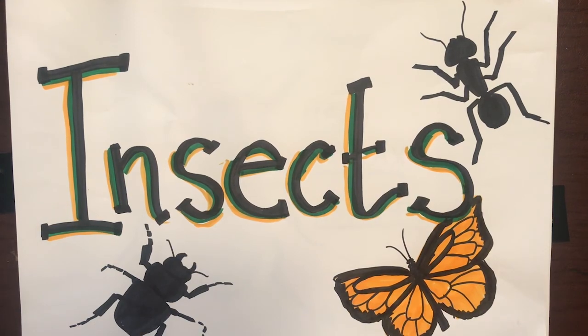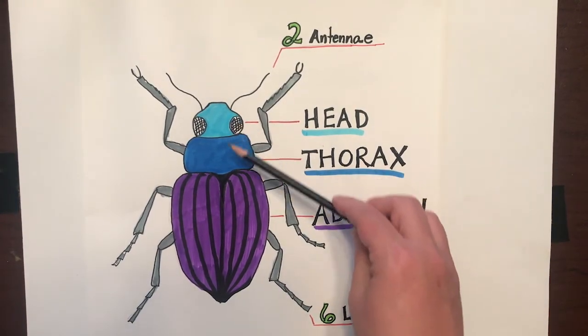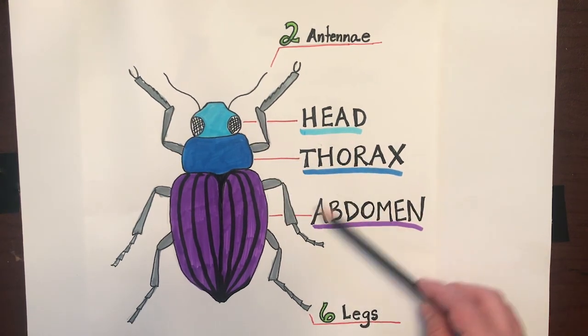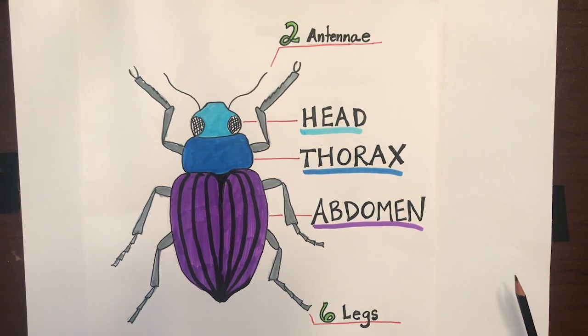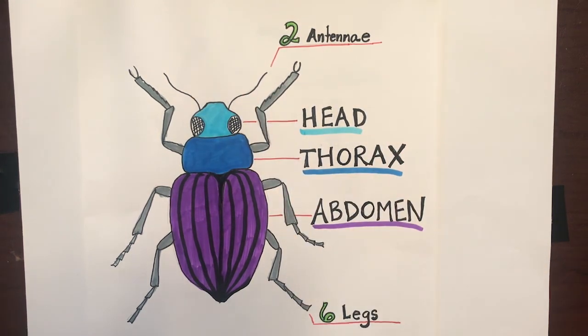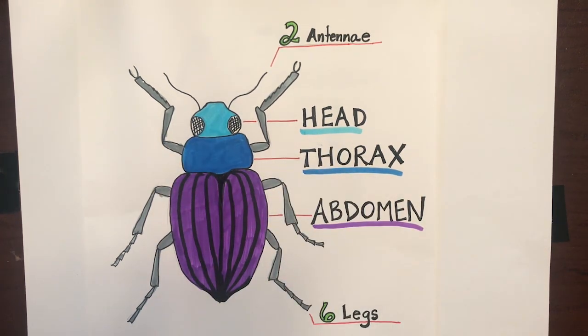Insects. Let's find out what makes an insect an insect. First of all, an insect has 3 body parts: a head, a thorax, and an abdomen. An insect has 2 antennas, and an insect has 6 legs.